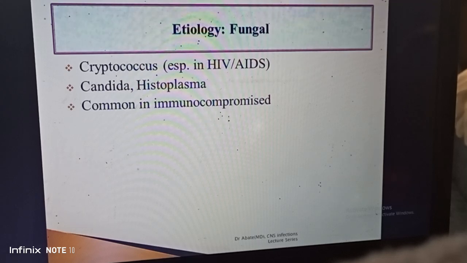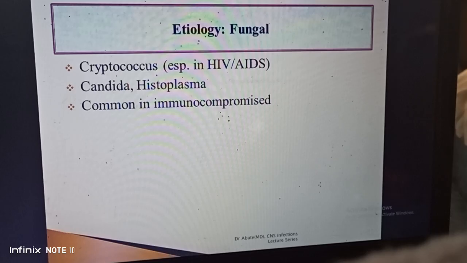The other etiology we try to see is the fungal etiology, like cryptococcal meningitis, candida, histoplasma. Fungal etiologies are not common in immunocompetent individuals, especially cryptococcal meningitis, which is very common in advanced HIV infection.